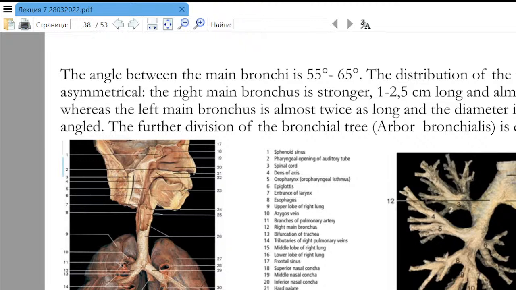The division of the bronchial tree is dichotomous. This is the bronchial tree with lung tissue removed. What do you see? Right bronchus, left bronchus. This is the lung.